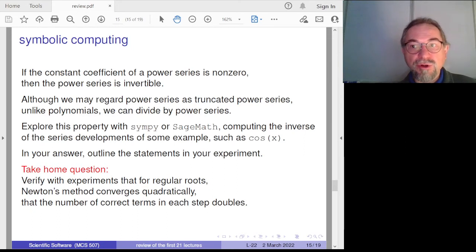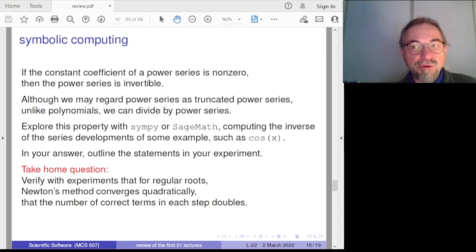Newton's method, as you may know from numerical analysis on numbers or even from calculus, also works on power series that you can invert. So with symbolic computation, you can experience this. You can compute power series that are roots of equations, where you compute an approximation for a function as a root of an equation.